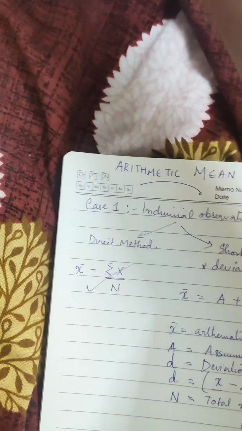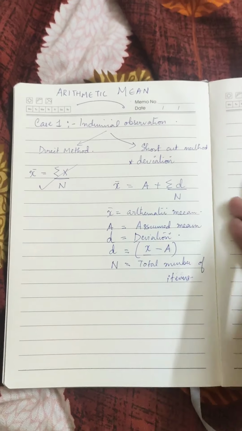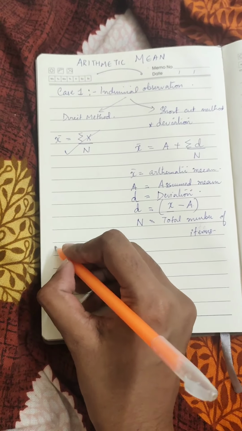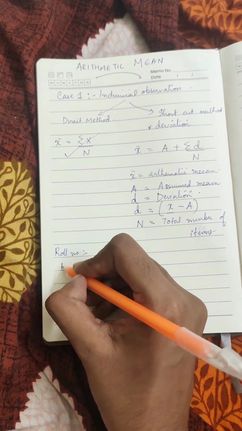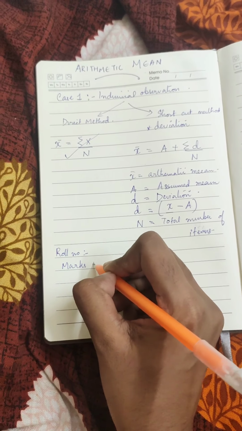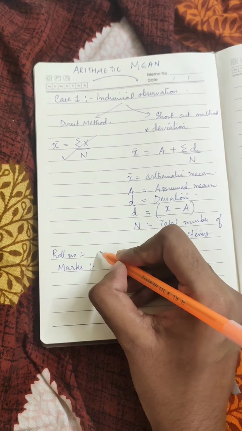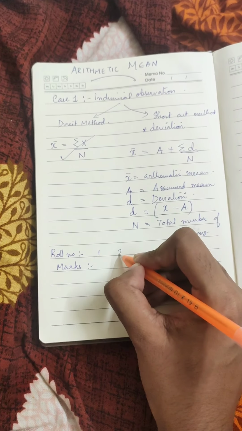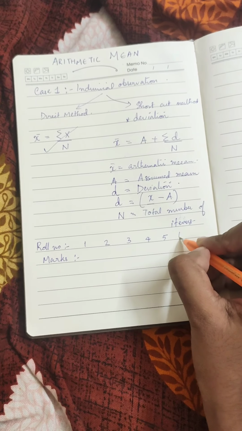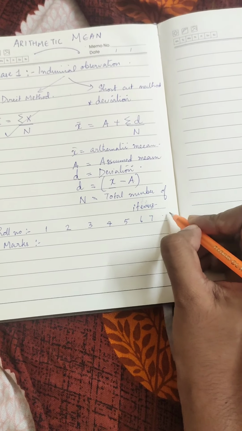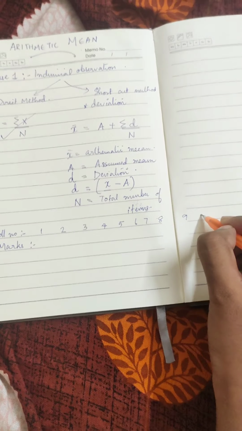Alright, so there is this question, the same question that I gave you, with roll number, and then there are marks. The roll number is from 1 to 10, 1, 2, 3, 4, 5, 6, 7, 8, 9 and 10.